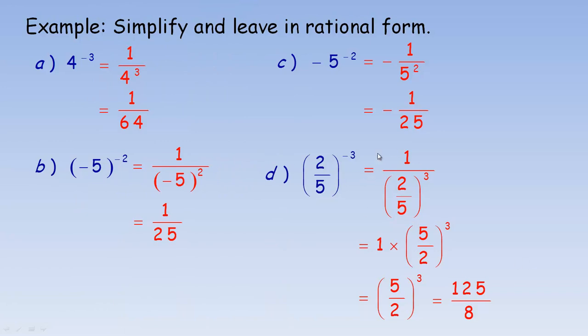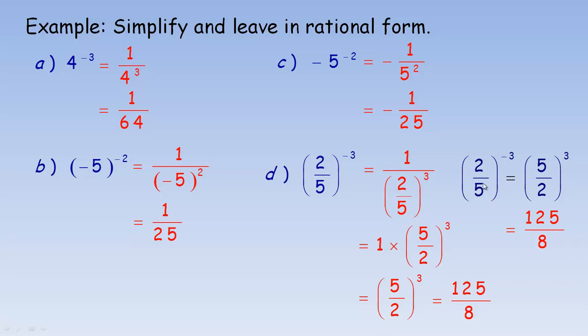So that's the standard way to do it, like up here, but I'm going to show you a different way. If you remember this, you can do this a little bit quicker. The negative means the reciprocal. So this is actually the same as 5/2, the reciprocal of that, raised to the power of positive 3. And notice this is the same thing as we evaluated here, and so it's 125 over 8.